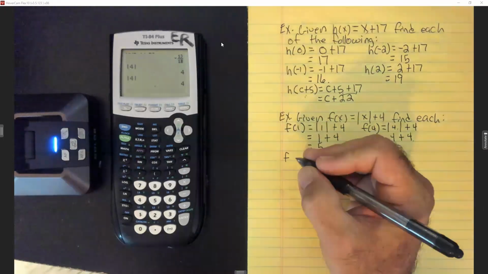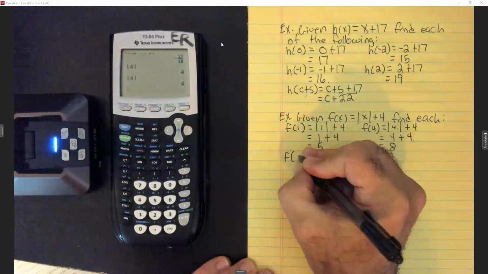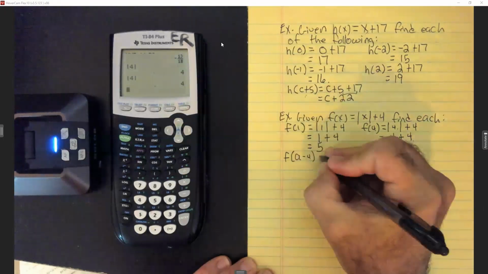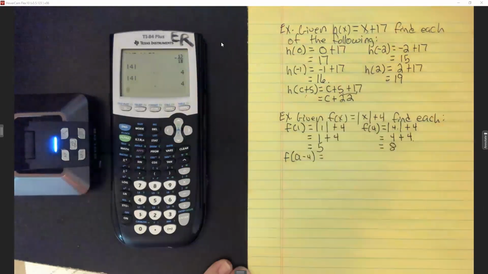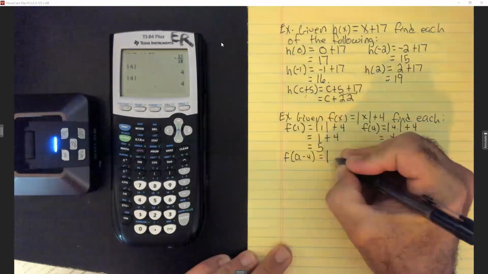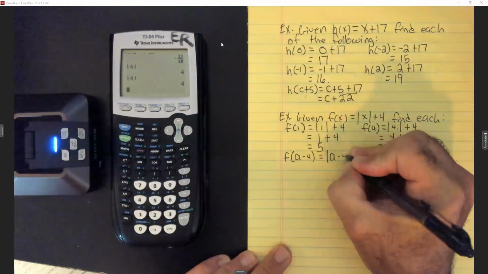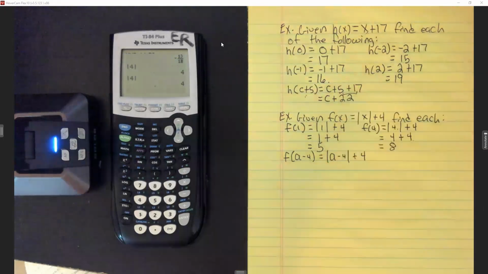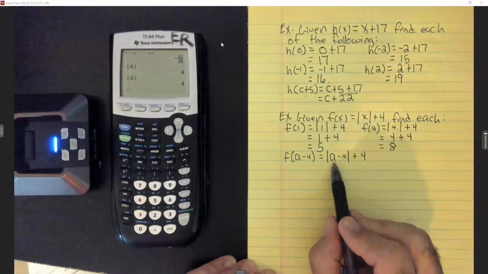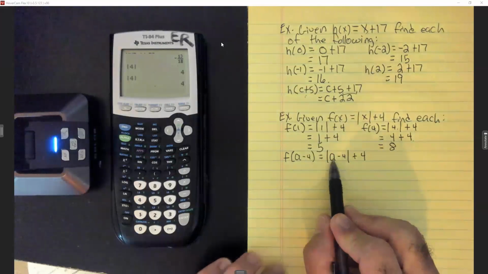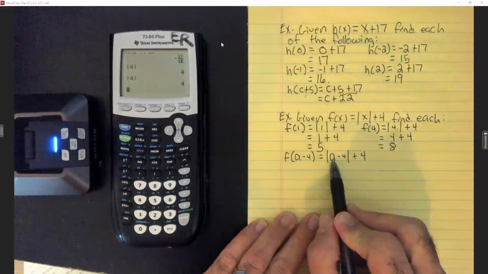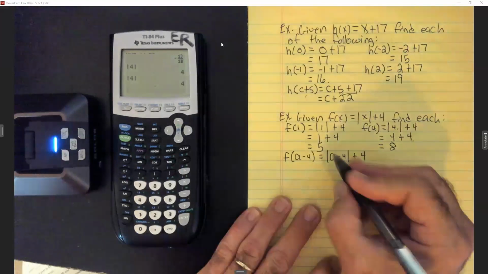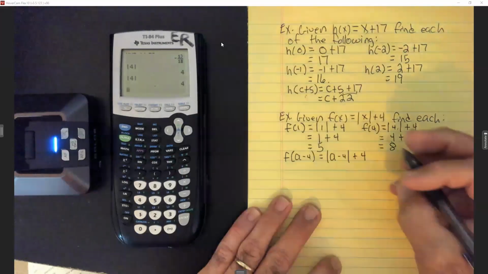This one wants f of a minus 4. So inside the absolute value, we're going to put a minus 4, and then outside is a plus 4. Since we don't know the sign of this a, this one technically cannot go any further, so you have to stop here.